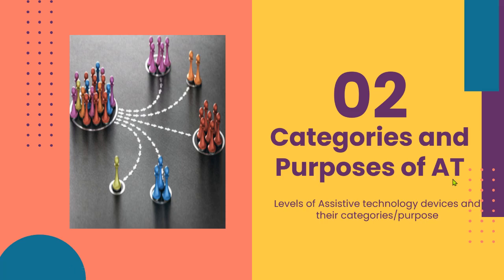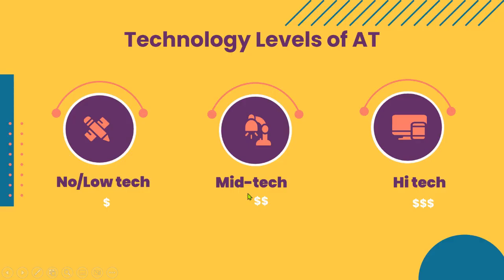Our next portion of our professional development is categories and purposes of AT, where we'll talk about levels of AT and their purpose. The levels of assistive technology are no tech and low tech, which are those that do not have a power source, are low cost, if not free, and require little to no training.